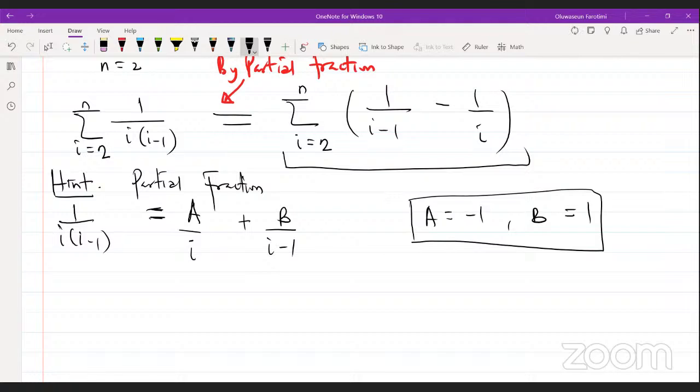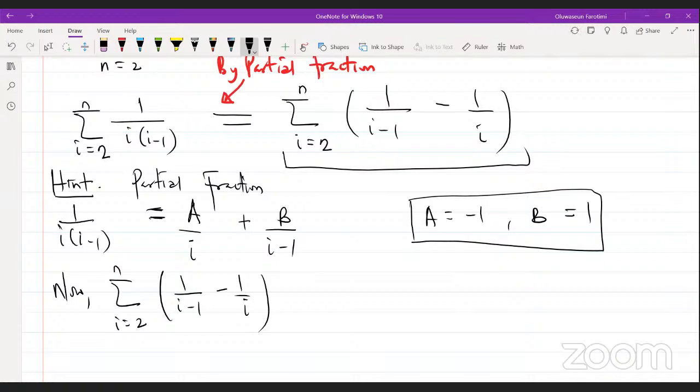Okay. So now I'm going to return back here. Now, when I get to this level, what do I do? That's a good question. So i is going from 2 to n.